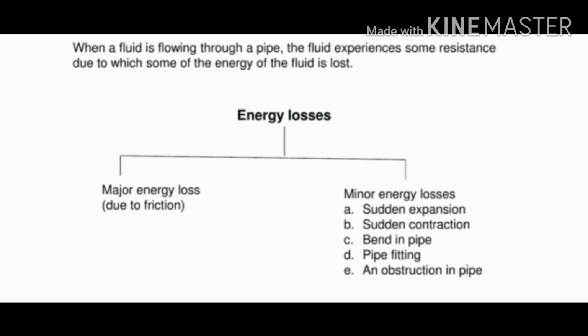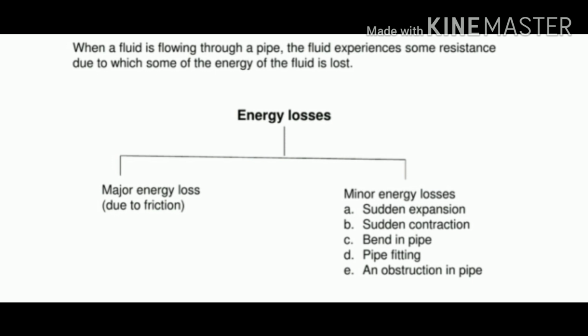These are all types of losses we have to consider. The main, important part is the major losses. If you have understood the types of energy losses, then I have to tell you that numericals are asked on this: calculate the major loss and calculate the minor loss.